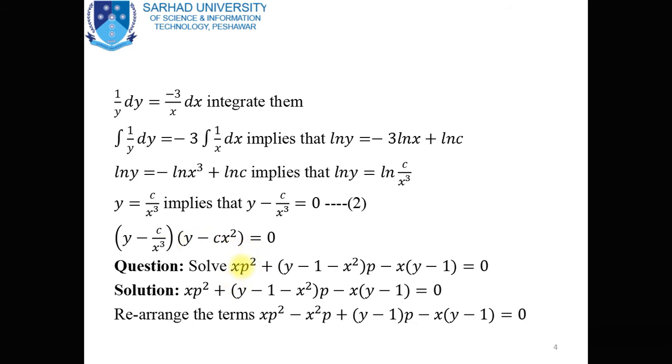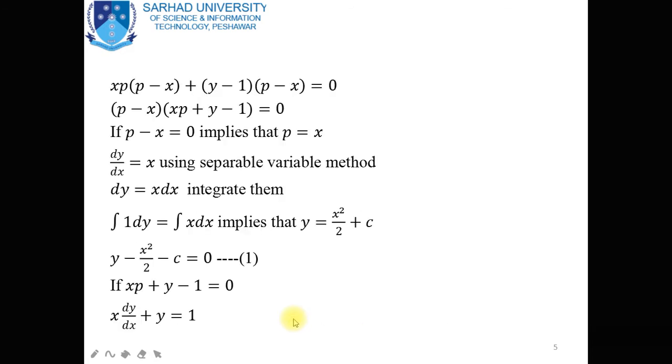Now similarly another problem: x into p square plus y minus 1 minus x square into p minus x into y minus 1 is equal to 0. When the equation is solvable for p, we can factorize it. Now rearrange the terms: xp square minus x square p plus y minus 1 into p minus x into y minus 1 is equal to 0.